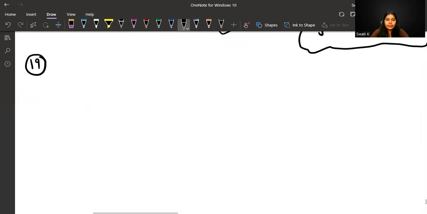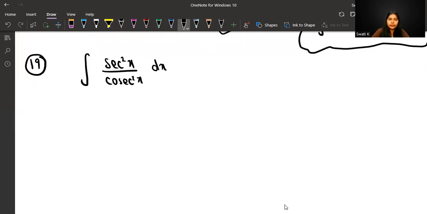In the 19th question, we have to integrate sec square x upon cosec square x dx. Right now we will not use the quotient rule here, so I'll tell you what you can do.